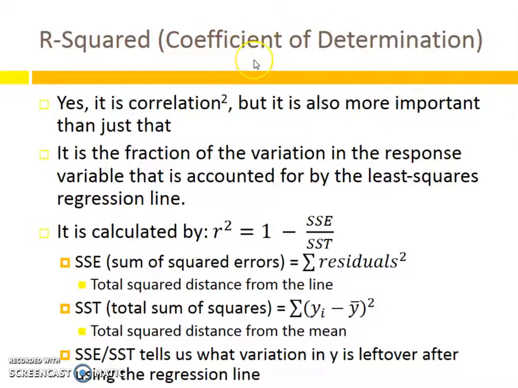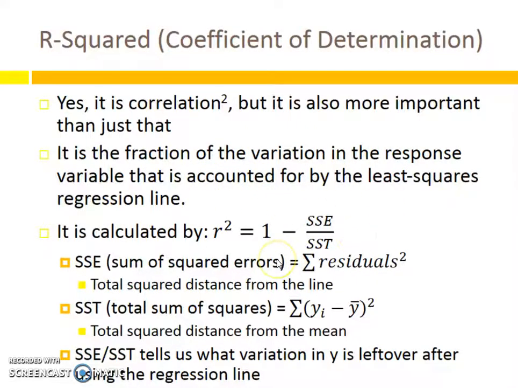So just R is your correlation coefficient. R squared is your coefficient of determination. Now, it literally is just R squared, so the correlation squared. But it's more important, right? It is the fraction of the variation in our y that's accounted for by the line.